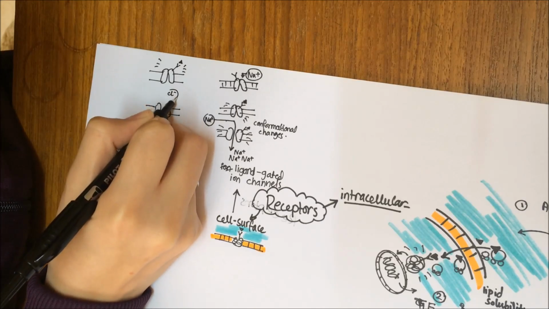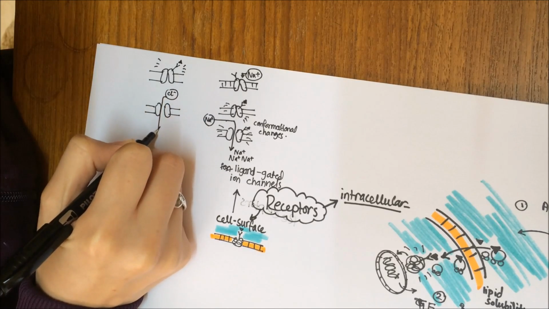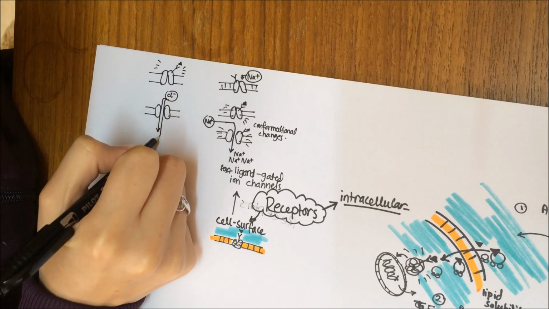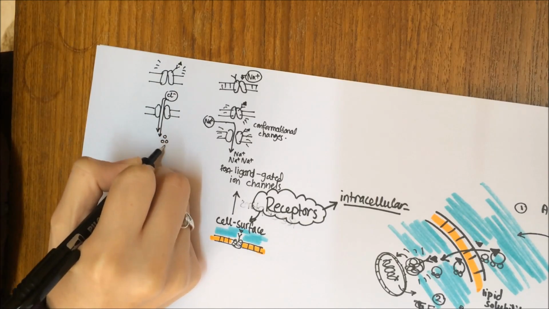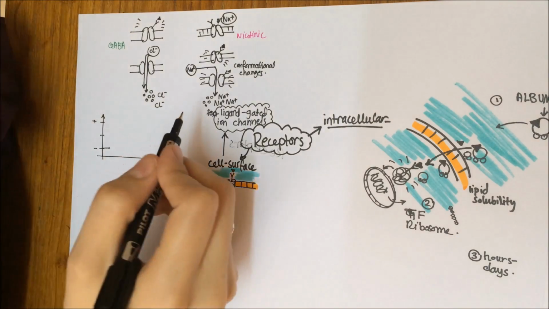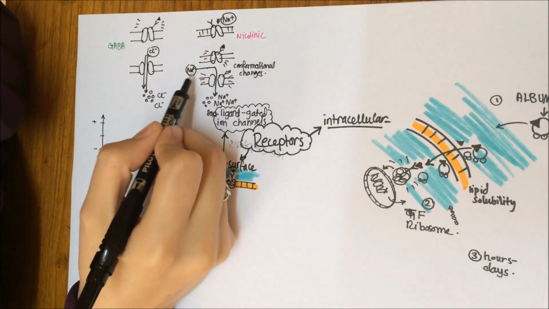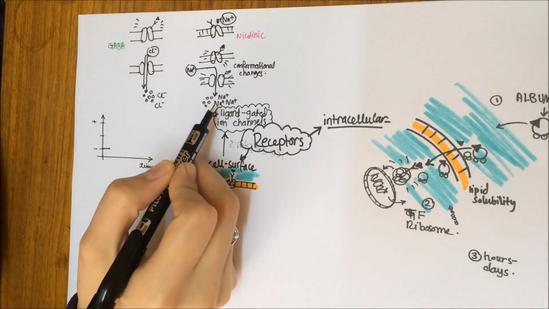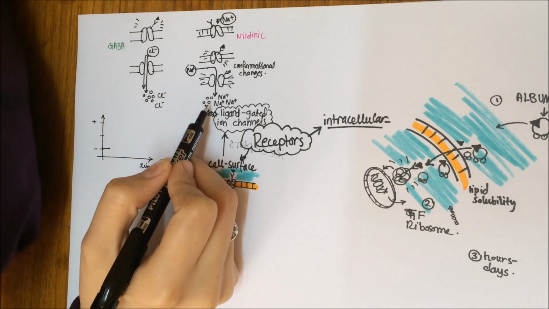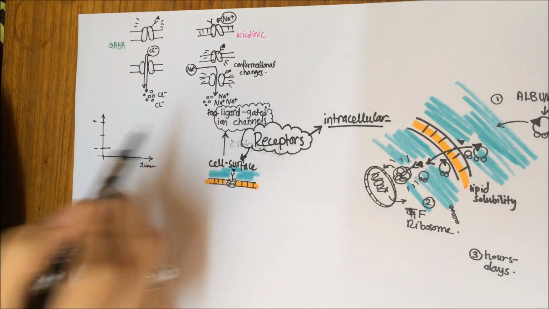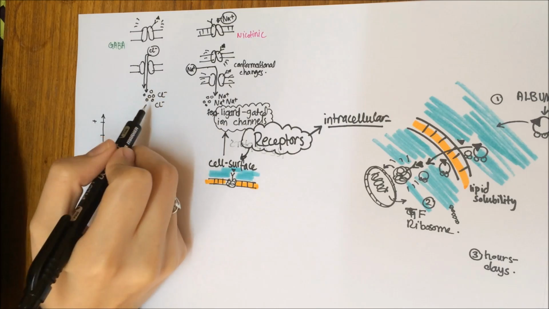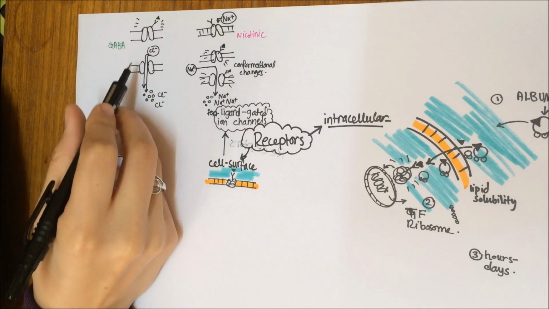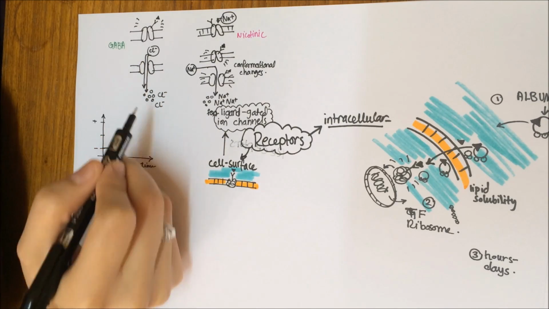This specific gate is there for the passage of chloride ion. Now, the effect that you're going to get from making the sodium, the positive ions, get inside the cell is different from the effect that you're going to get by making the chloride, the negative ions, get inside the cell.